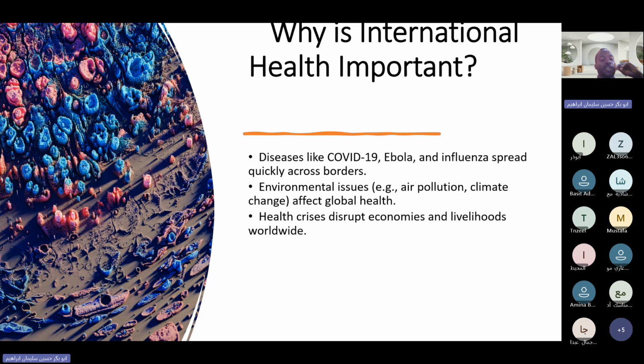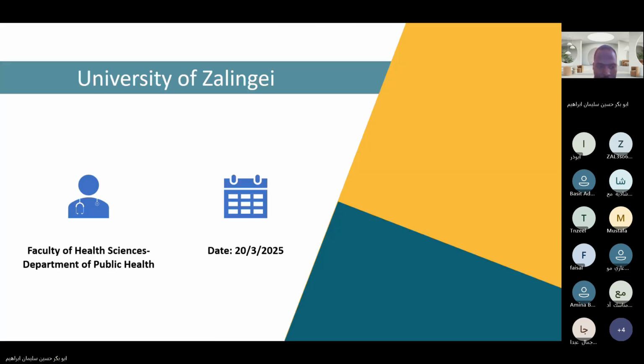But the problem is not just for those countries. Other countries suffer too. Even here in Sudan and in other countries, they are affected by that air pollution. Is this slide clear, or do you need more explanation or clarification?